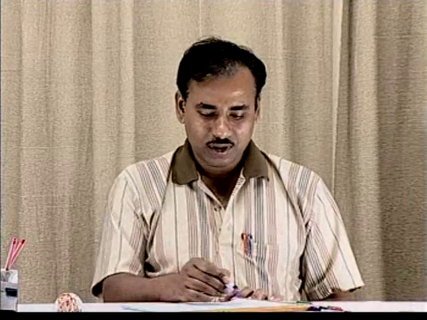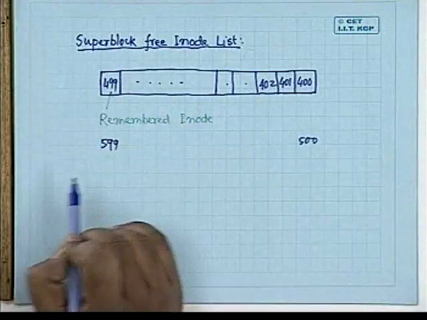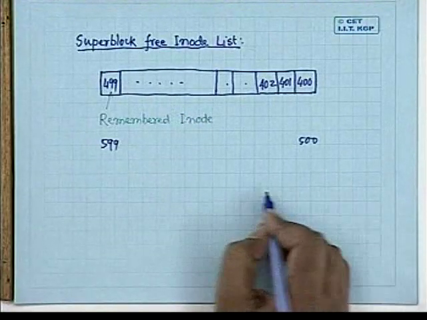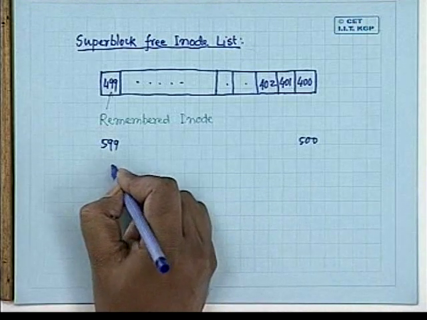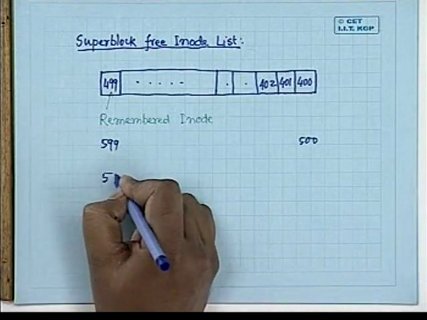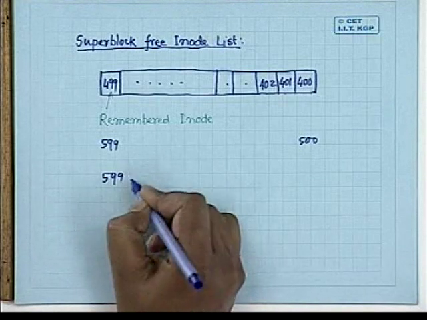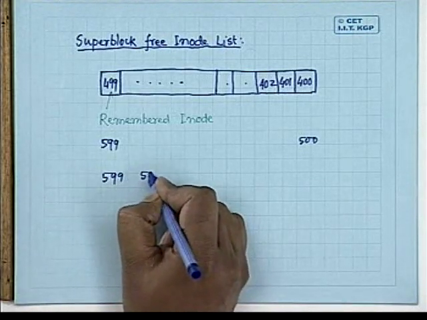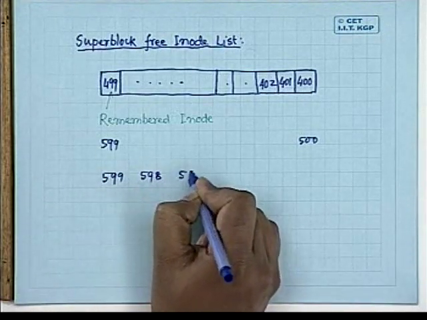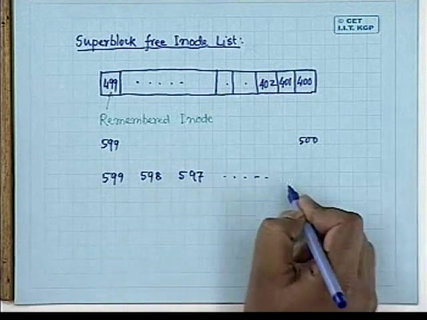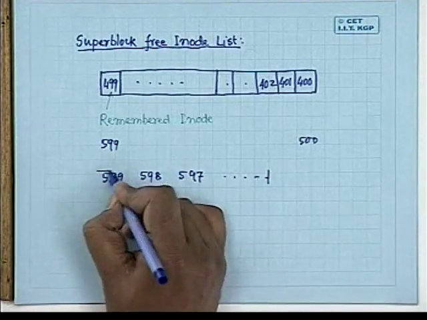Maybe I unallocate or free an inode; let me take another example. Suppose my situation was something like this. 599 is the remembered inode, then I have 598, 597, and like this, and maybe there are a number of empty entries.